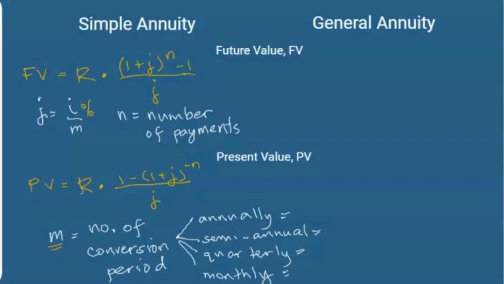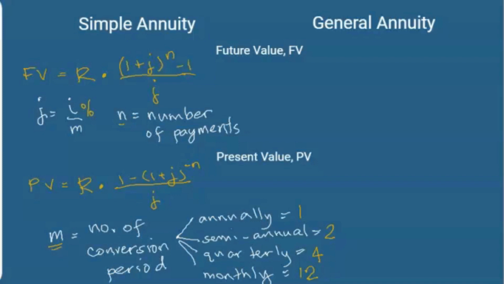If it's annually, m is equal to 1. If semi-annually, m is equal to 2. For quarterly, it's equal to 4. And for monthly, it's equal to 12. And n is the number of payments.